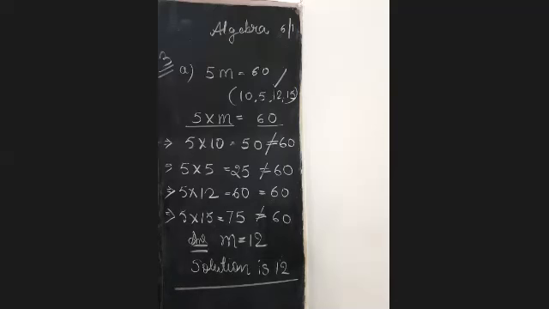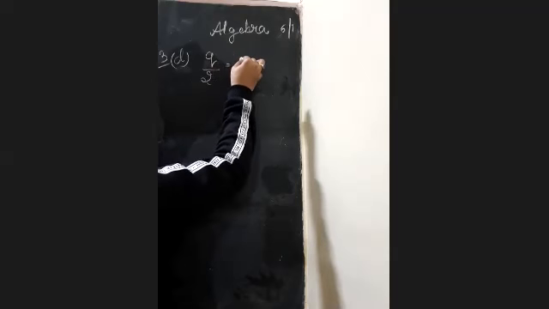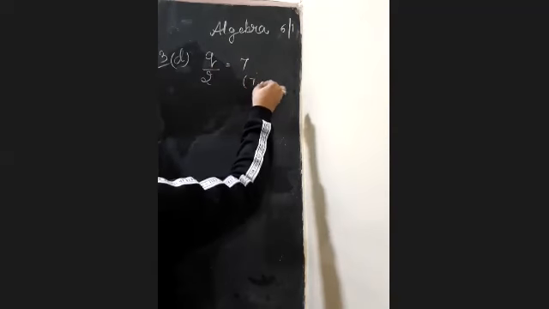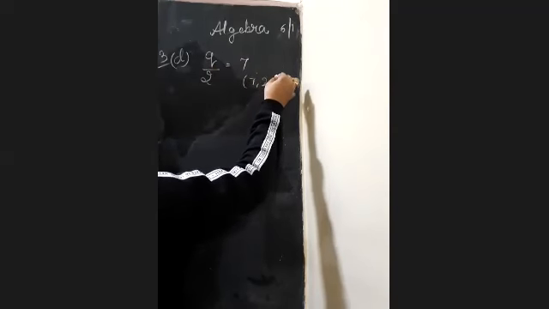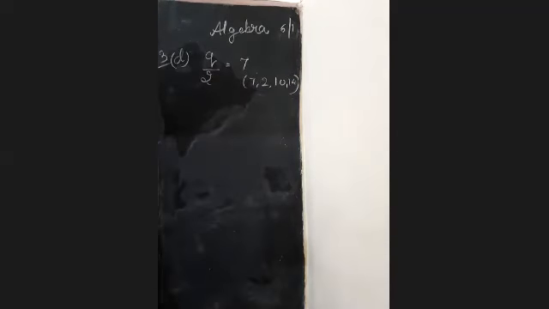Now I want to discuss question 3D: q by 2 is equal to 7, and the values are 7, 2, 10 and 14. Let us put one by one all the values here.